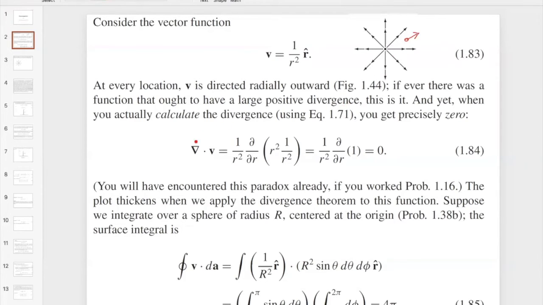And if we calculate the divergence of this function, and actually we did it before in the previous lecture when we learned the del operator.